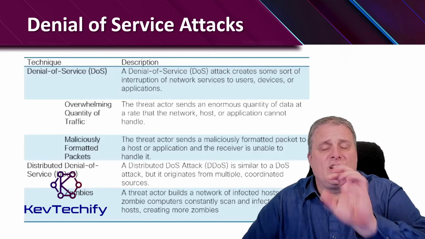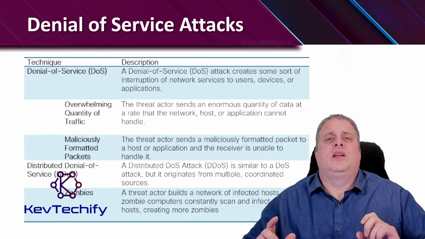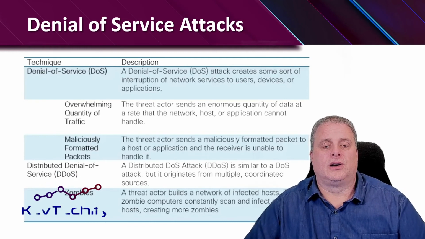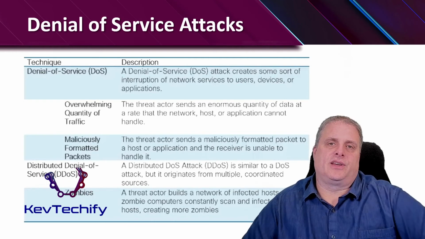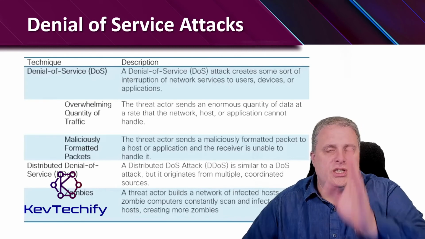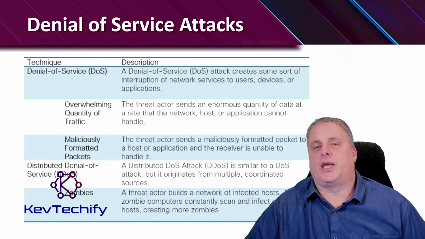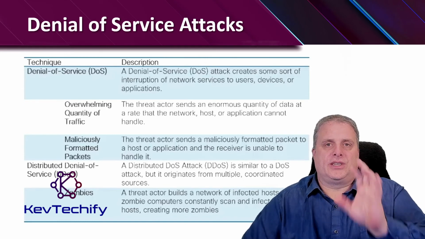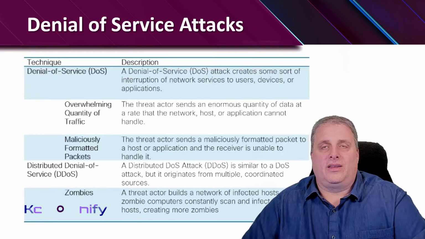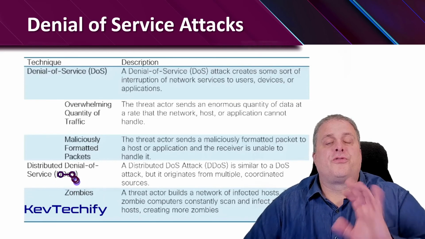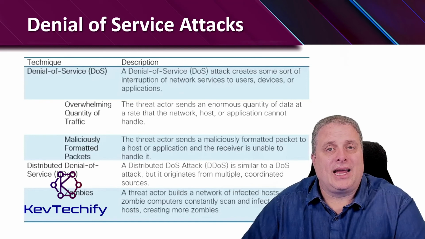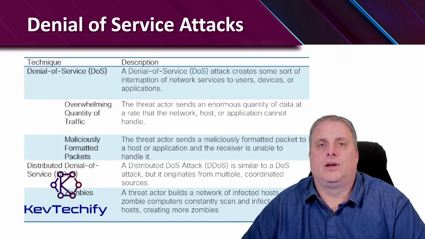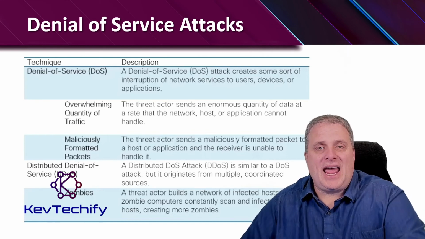And this infected host is part of the overall collective that is being used by a threat actor to target a specific device, whether it's a user, a network device, or an application. And this is commonly seen in places like the dark web, where you can rent a botnet full of zombies for a specific time and specific amount of throughput to be able to attack a target.